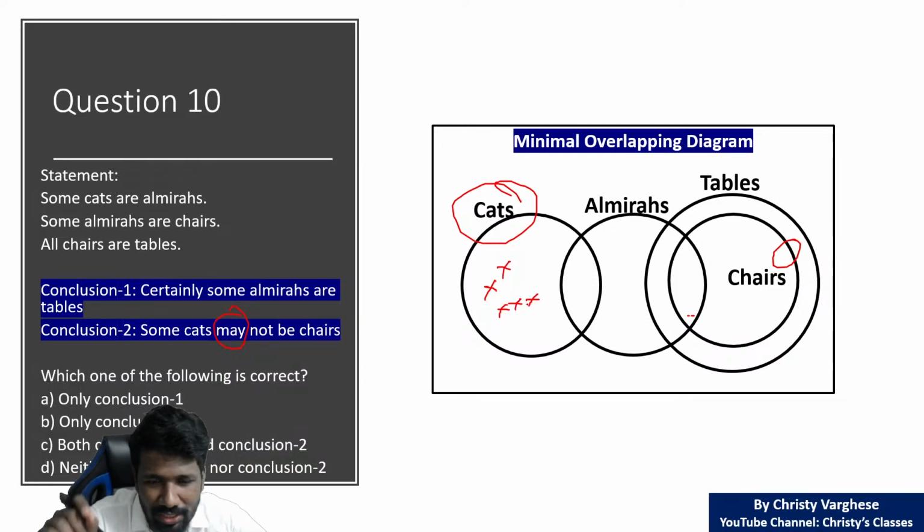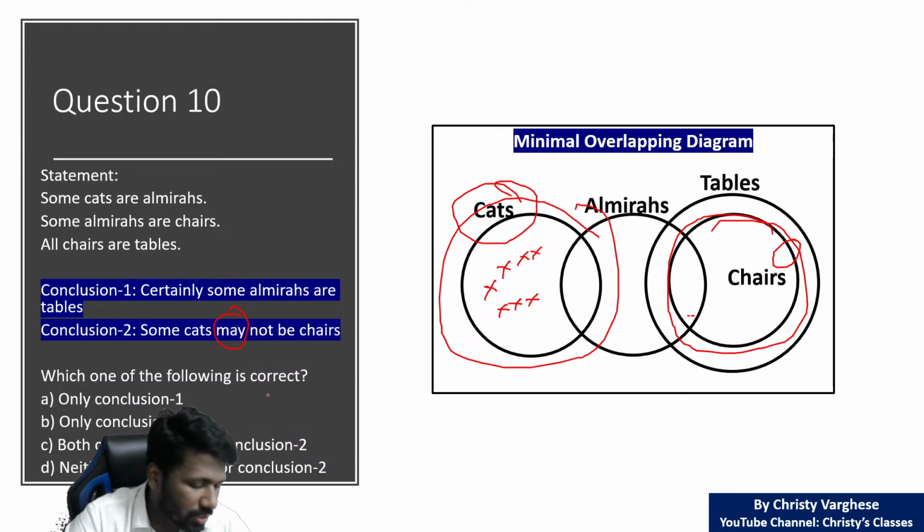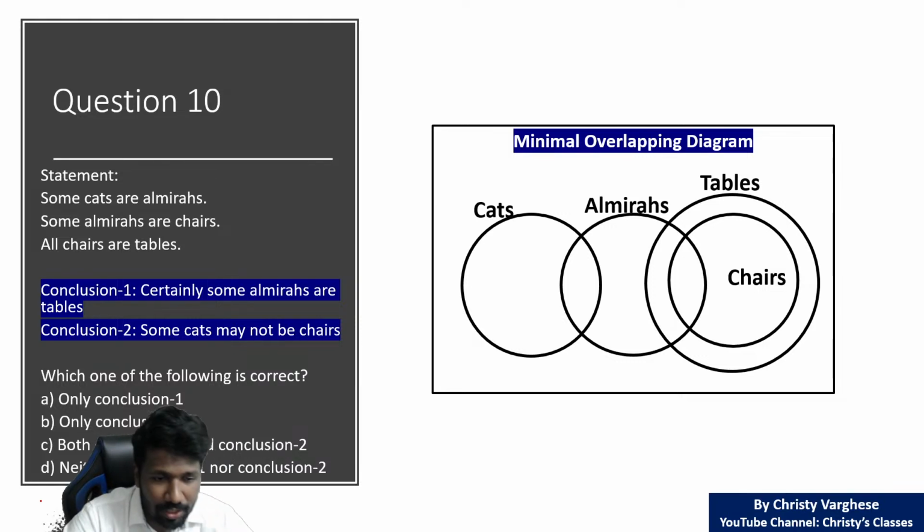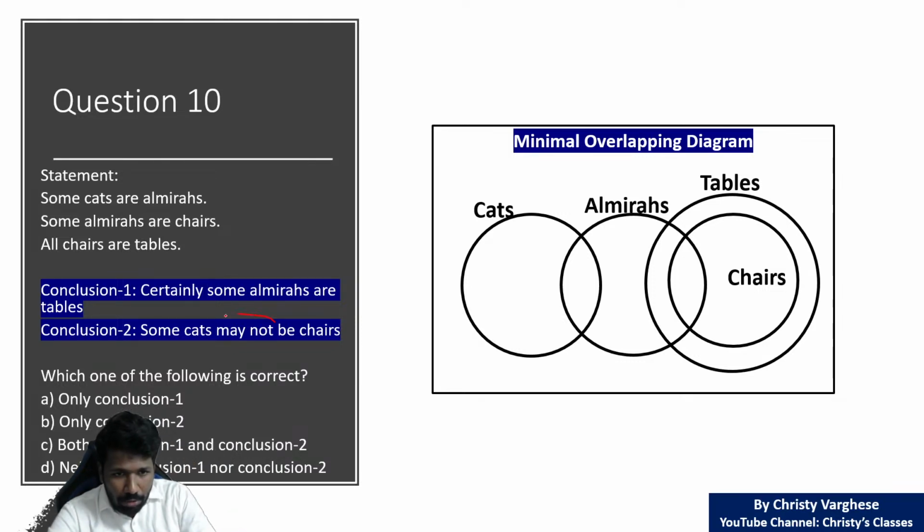Some cats not chairs, is it possible? Yes. In this minimal overlapping diagram, these cats are not chairs because chairs are here, cats are here, no intersection at all. Cats and chairs having an intersection is also possible. But "may not be" means is it possible in any one case that some cats are not chairs? That is the question. Yes, that is true in the minimal overlapping diagram itself.